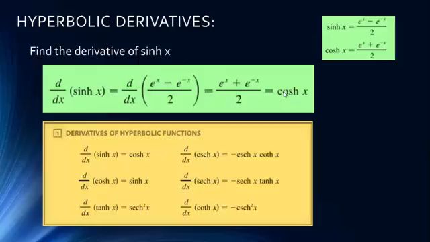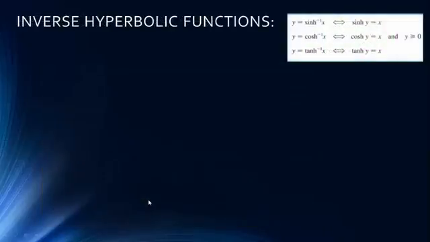The derivative of hyperbolic sine is hyperbolic cosine. The derivative of hyperbolic cosine is hyperbolic sine. And so on. I'm not going to go through these. You do need to know most of these, although typically sine, cosine, and tangent are the ones that we see most readily in functions.